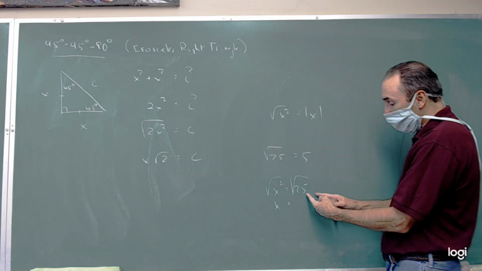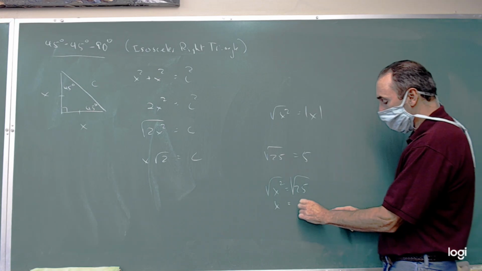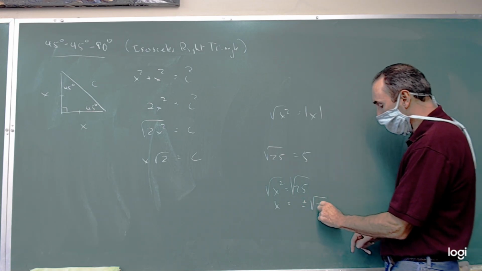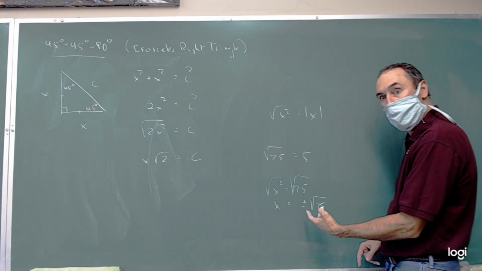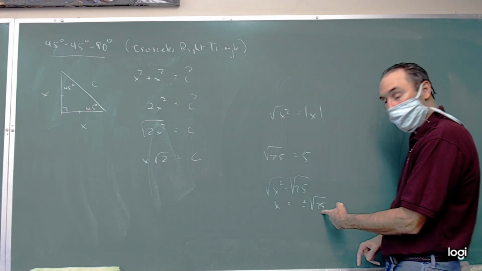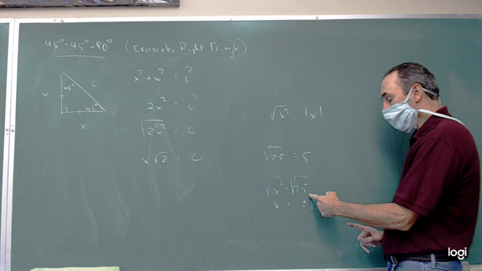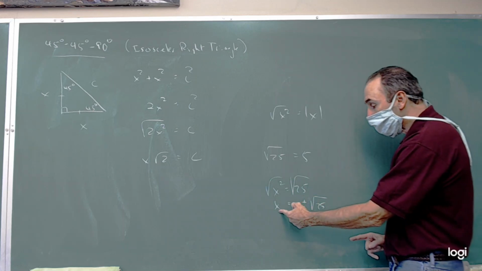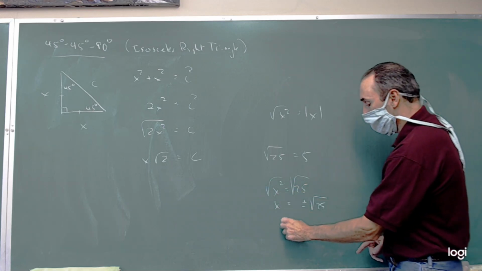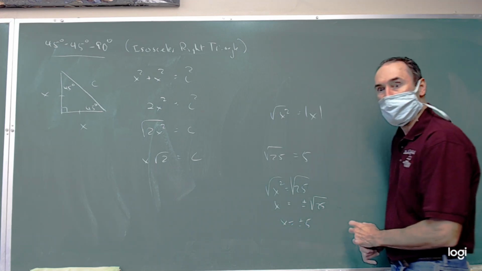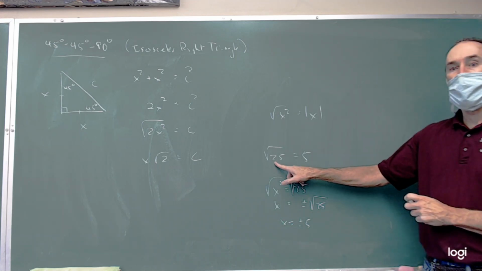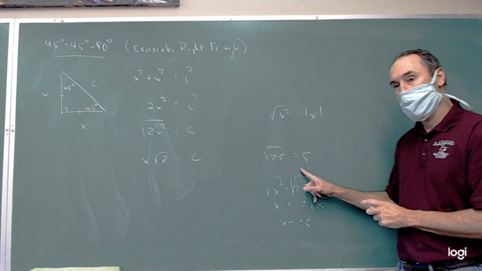So what we really should say, but we don't do very often, is we want the positive and negative principal square root of 25. This symbol is only the positive 5, but because we want all possible solutions to this equation, we get positive and negative 5.